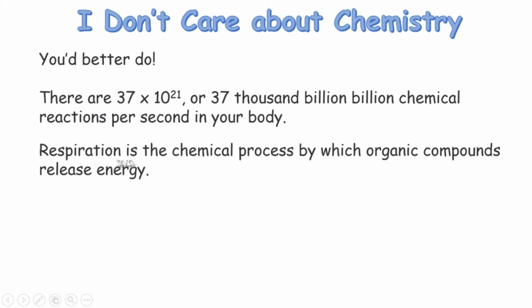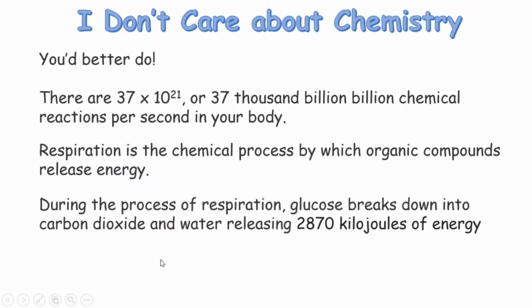For example, respiration is the chemical process by which organic compounds release energy. Whatever you do, you need energy. And during the process of respiration, for example, glucose breaks down into carbon dioxide and water. During that reaction, 2,870 kilojoules of energy is released.